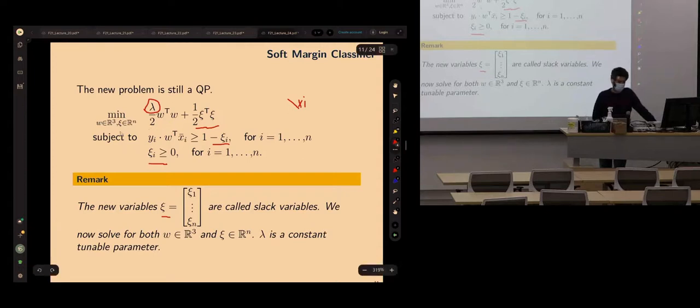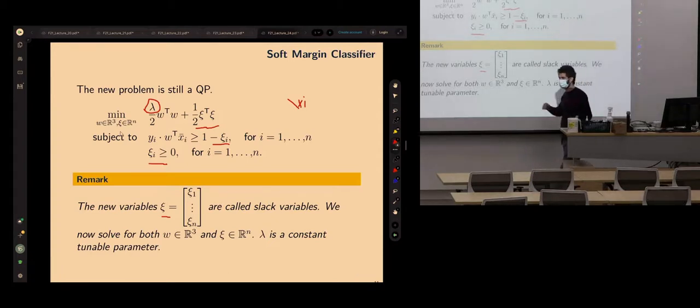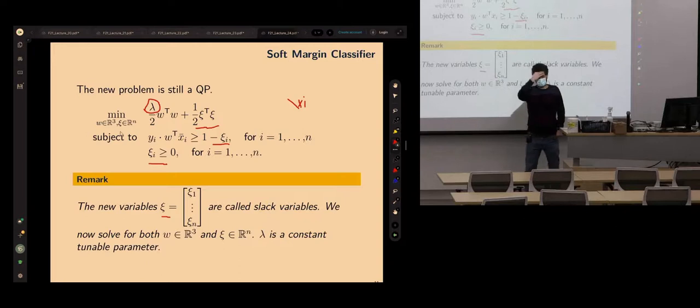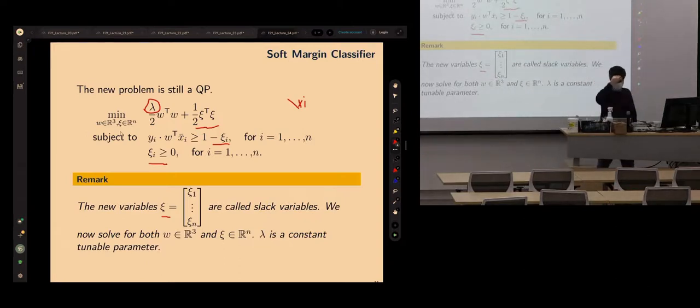What's the downside? The upside is that now it will relax the hard margin. Can you see a downside here? By the way, lambda is a constant. It's just the tunable weight you can set.